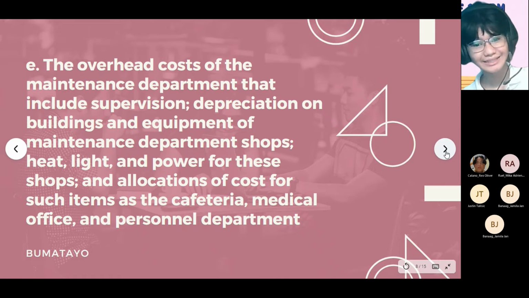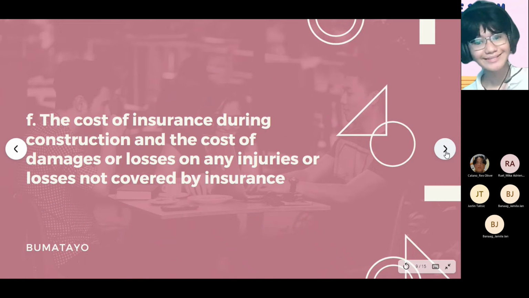And for the last one for number 1, letter F. The cost of insurance during construction and the cost of damages or losses on any injuries or losses not covered by insurance.